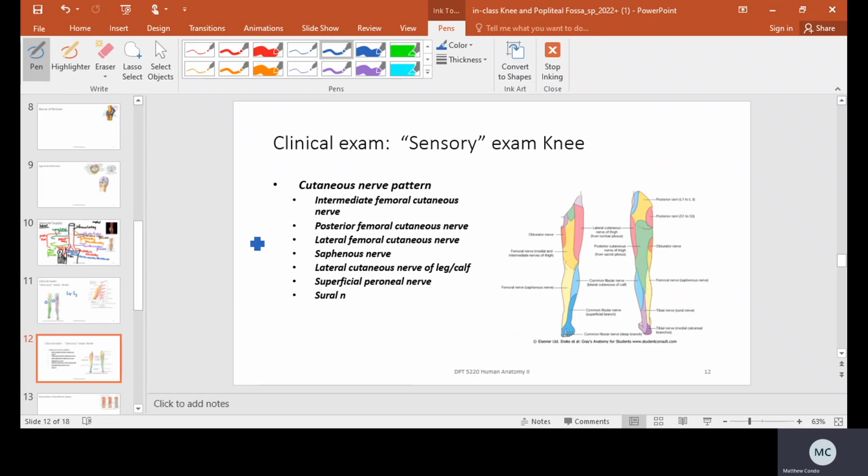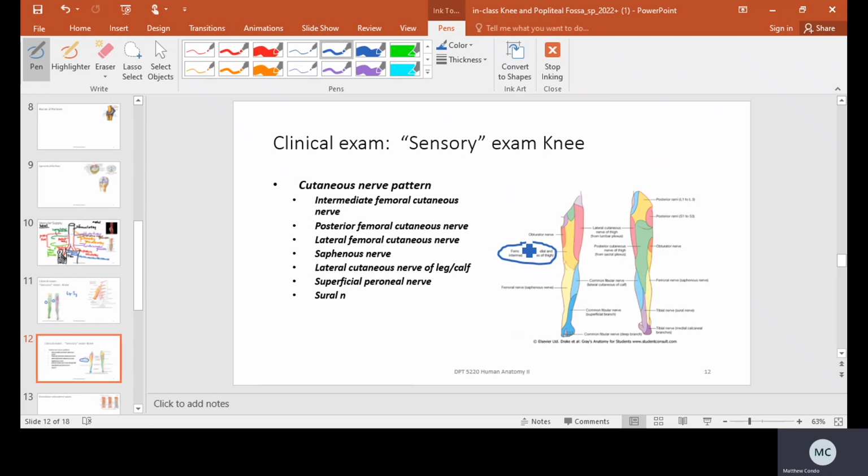Remember that my dermatome pattern is not going to follow my cutaneous nerve pattern exactly. There are going to be some differences. A big one we're going to see in the thigh and the knee is this one here, the femoral nerve.